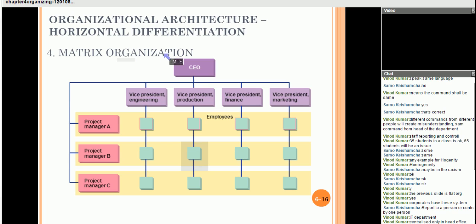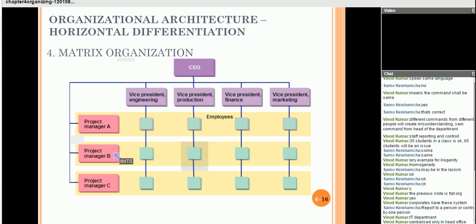Now this is matrix organization. In this, there is a CEO, Vice President Engineering, Production, Finance and Marketing. Then project managers of A, B and C, different projects. You see such types of structures in organizations like Wipro, TCS, which work on projects.